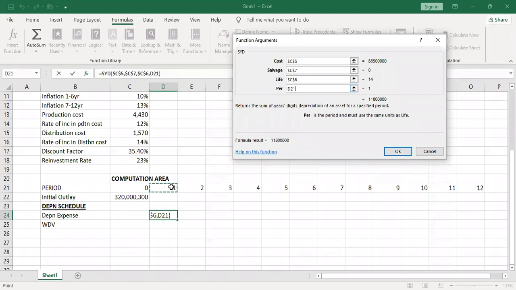And the last time I told you, we rarely fix the period, because if you fix that, it means when you scroll and go to period 8, the computer will still use period 1. Yet when I scroll and go to period 8, I wanted the computer to use period 8. So PAR, you click on period 1 because you are calculating depreciation for period 1, and do not fix that.